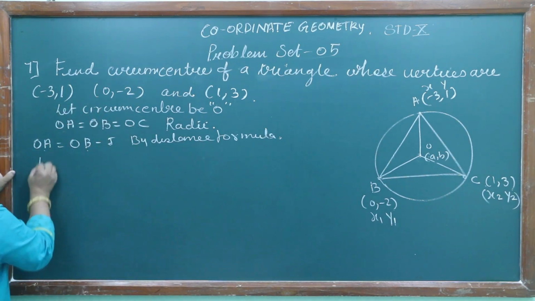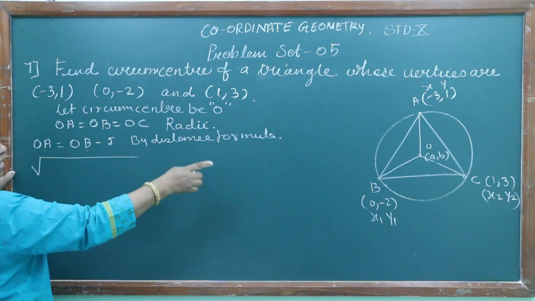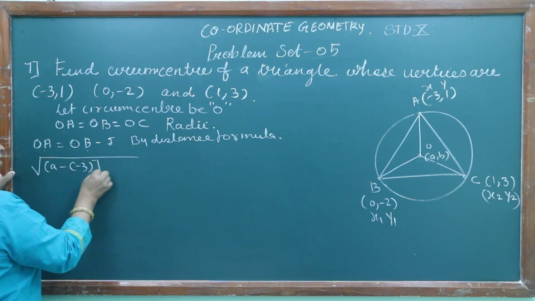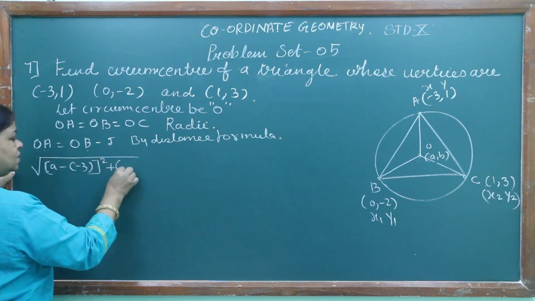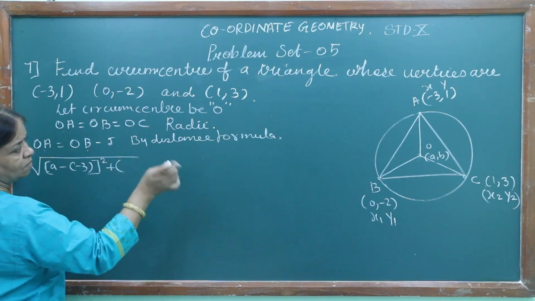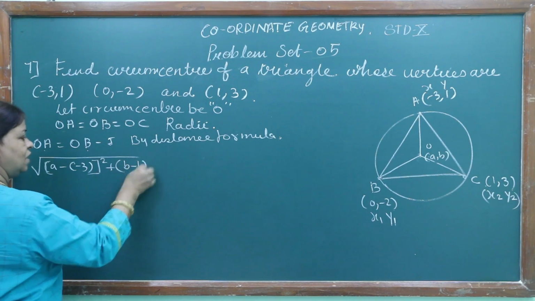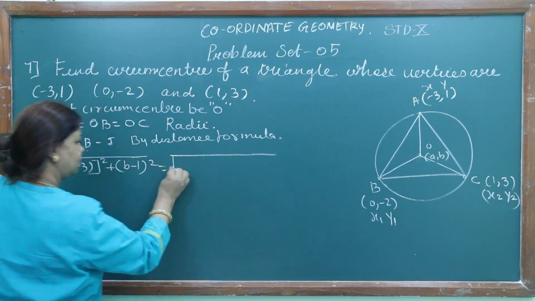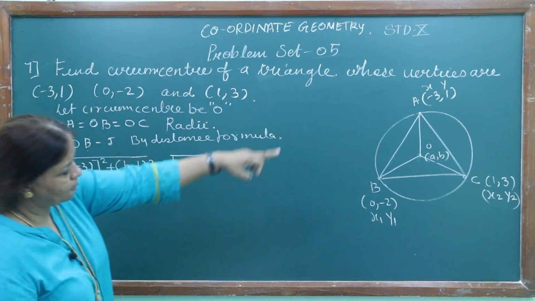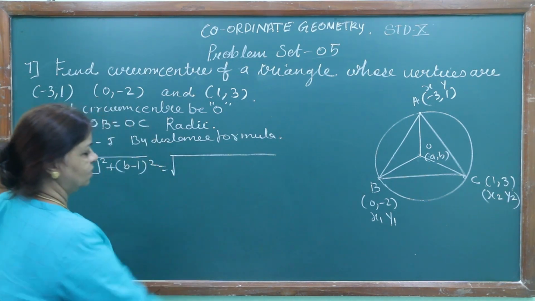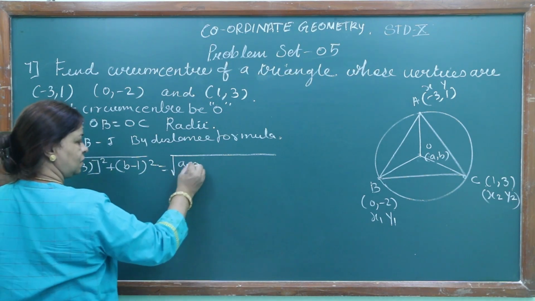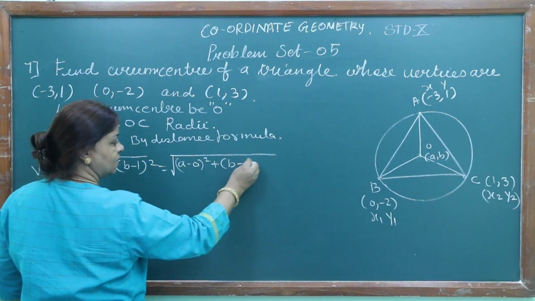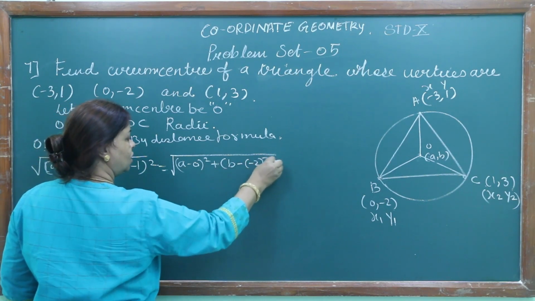Now OA is under the root a minus 3 the whole square plus b minus 1 the whole square, is equal to OB, a minus 0 the whole square plus b minus 2 the whole square.